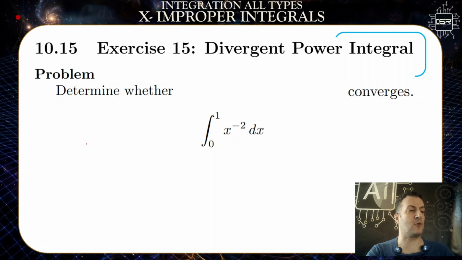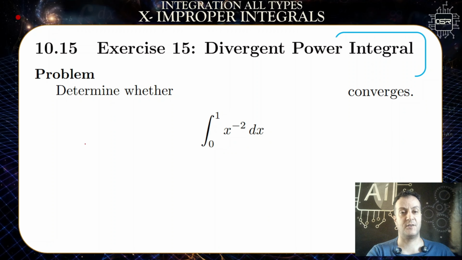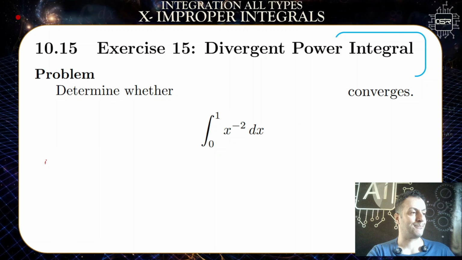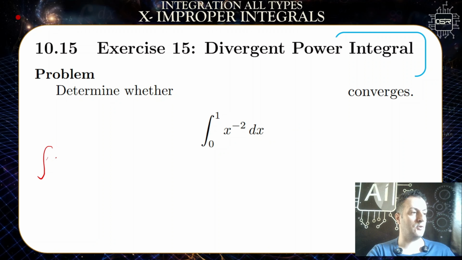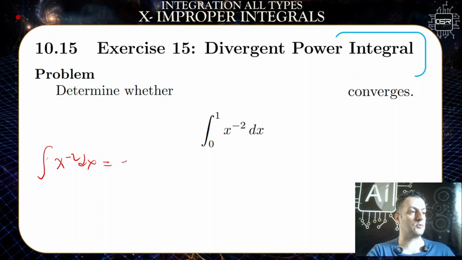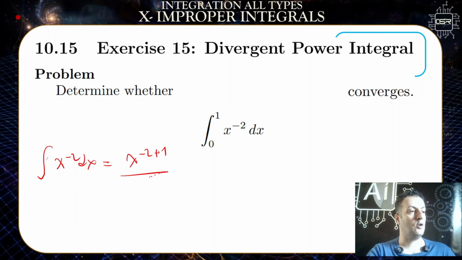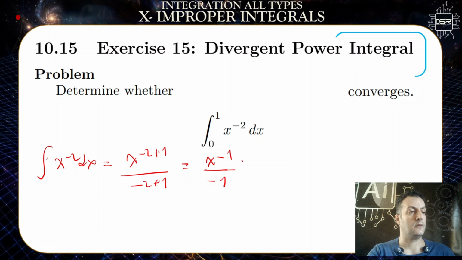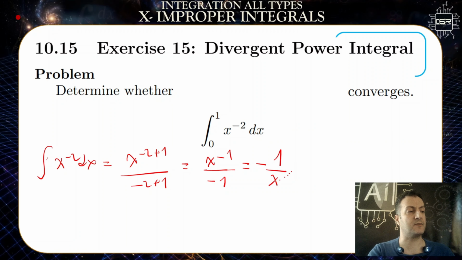Determine whether the integral from 0 to 1 of x to the power of minus 2 dx converges. Now I can say it probably does not converge just by looking at it. First, without bounds, the integral of x to the minus 2 dx is equal to x to the minus 2 plus 1 over minus 2 plus 1, or x to the power of minus 1 divided by minus 1, equal to minus 1 over x plus c.